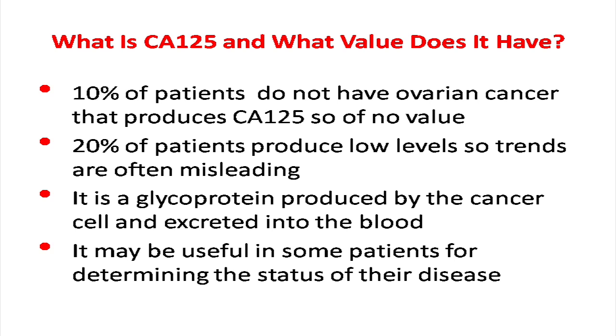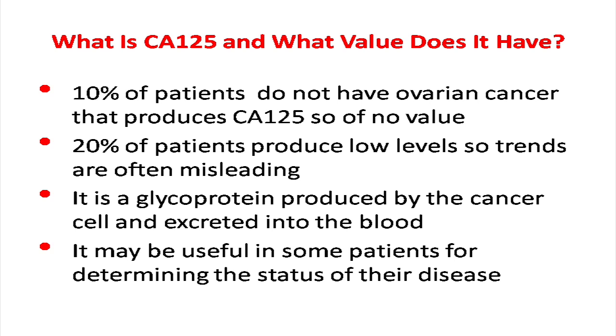Not every cell in a tumor mass produces CA125, so we know that some cells produce it and some cells do not. One point I would like to make is that I've had patients say, well, if my CA125 went from 100 to 200, does that mean that my tumor has doubled in size?